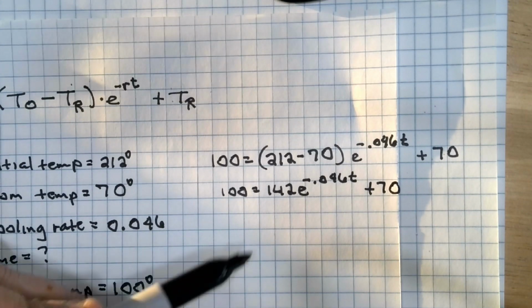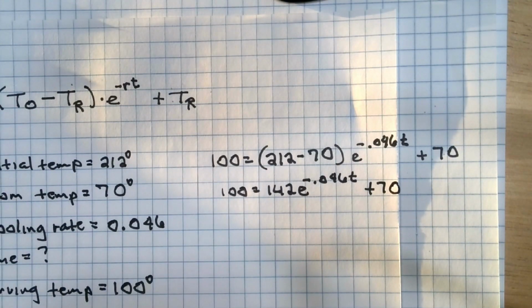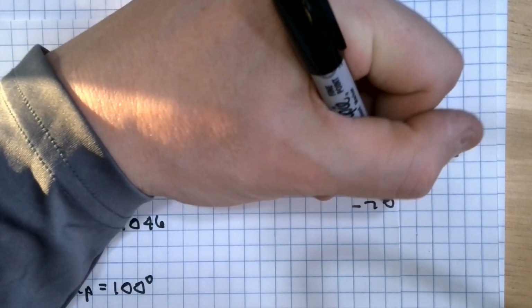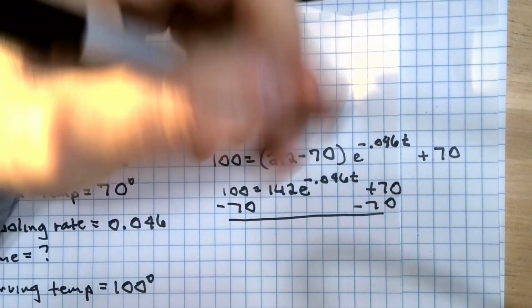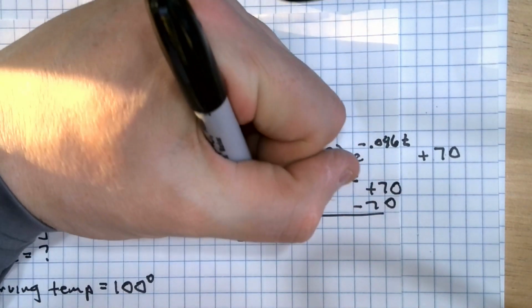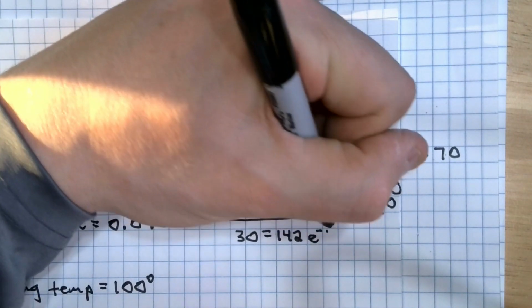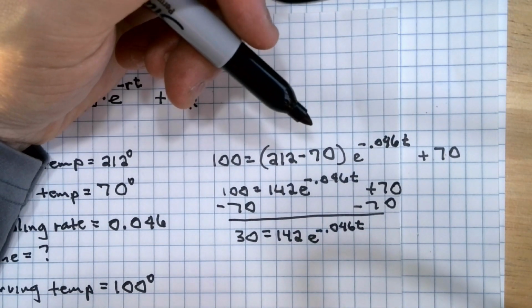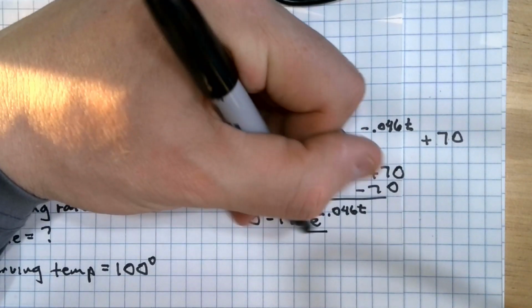And now we want to manipulate this equation so that we get this E raised to the negative 0.046 T all by itself. So to do that, we need to subtract 70. And we have 30 equals 142 E to the negative 0.046 T. And now what we need to do is divide by 142.